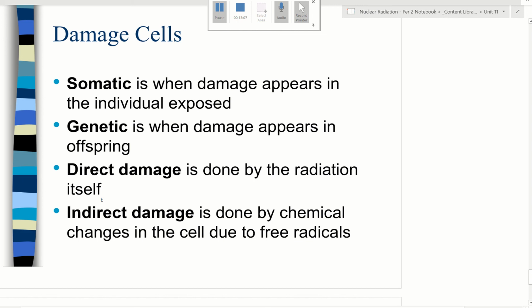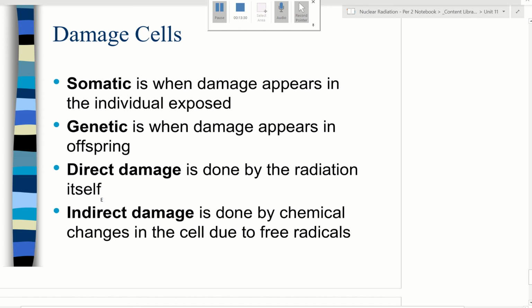Genetic damage is when the damage is shown in the offspring of the irradiated or the exposed individual. So the individual may have no effects whatsoever, but then their children have some sort of deterministic effect. There's a birth defect of some sort or some sort of issue that's caused by that.